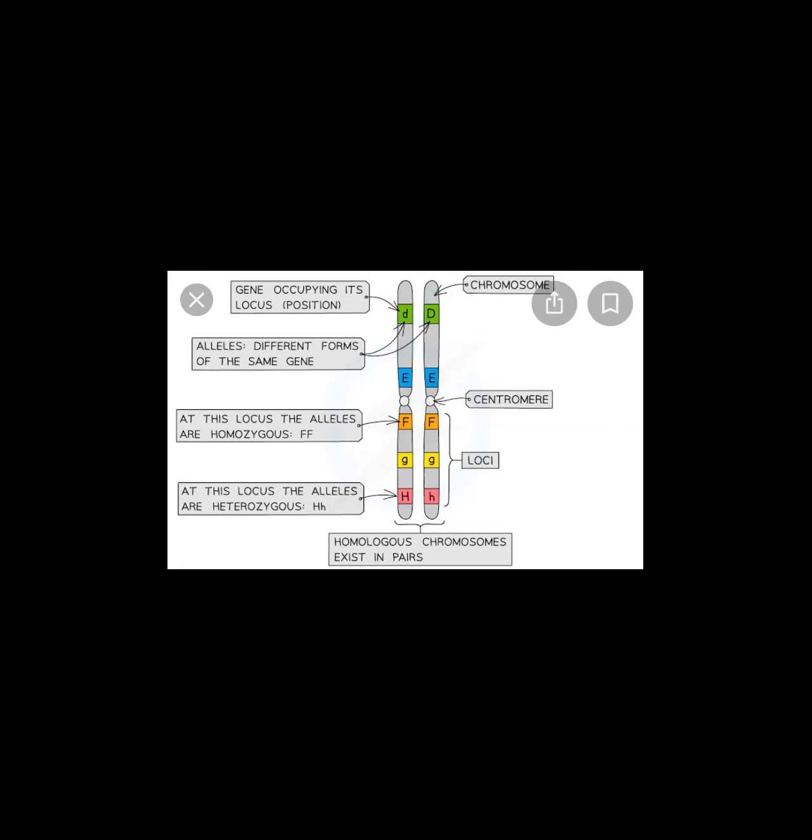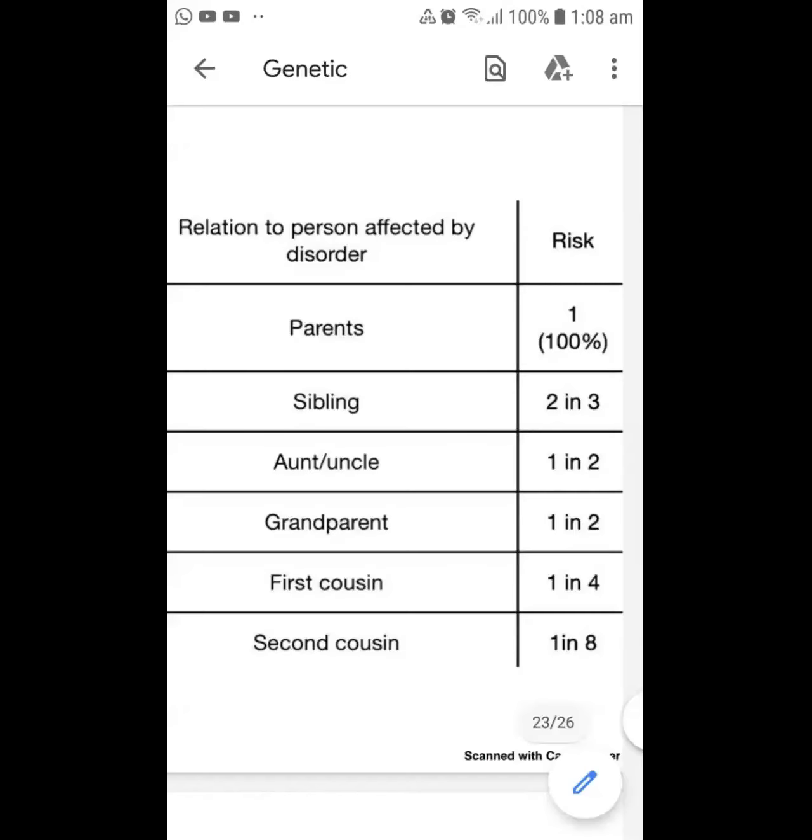So now let us see how genetic risk calculation is done. Before starting the risk calculation, we have to know this box very well. This is for the autosomal recessive trait. Now, in relation to the person affected by the disorder, if any offspring, a son or daughter, is affected, then the chance of the parents being carriers is 100%.